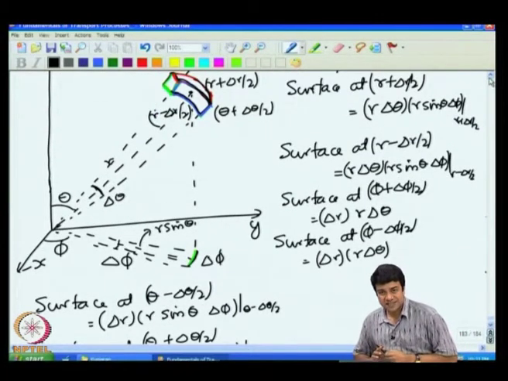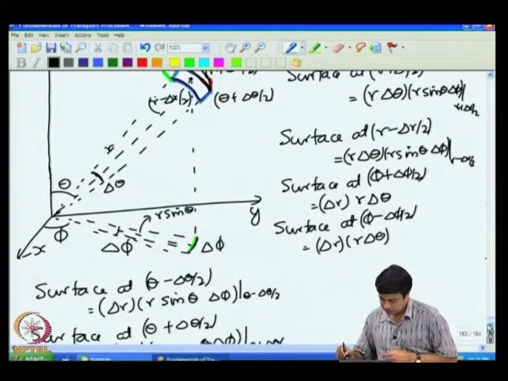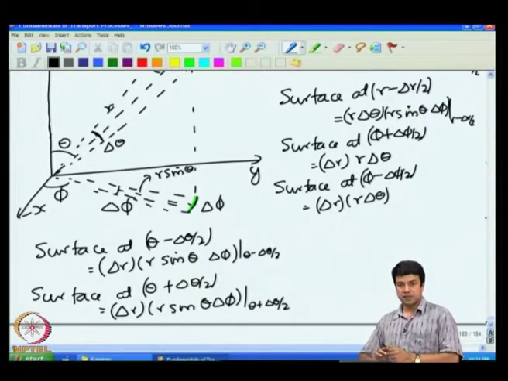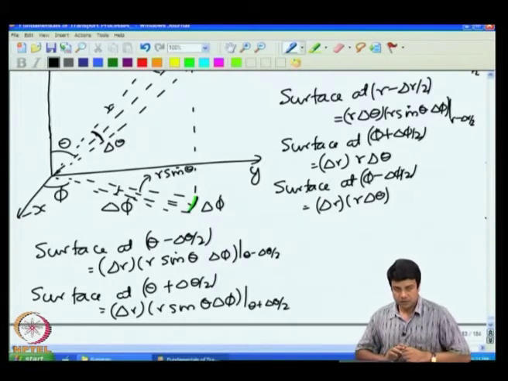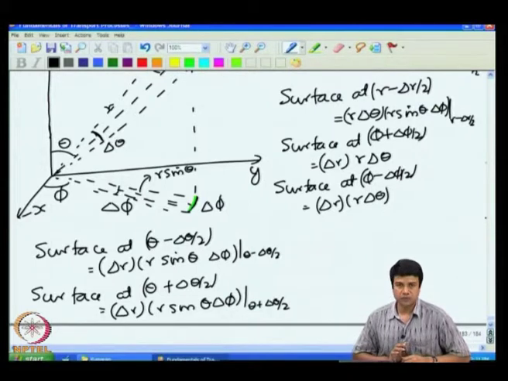Note that, as in any curvilinear coordinate system, these surface areas depend upon coordinate. In particular, the surface area at r plus delta r is proportional to r squared sin theta delta phi. At phi plus delta phi by 2 and phi minus delta phi by 2 it is equal to r times r delta theta. The third one is equal to delta r times r sin theta delta phi. So, these surface areas do depend upon the coordinates.